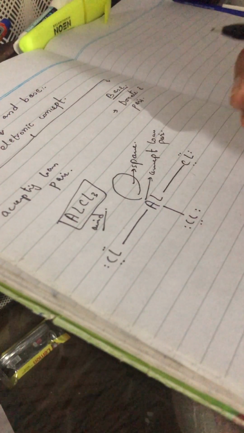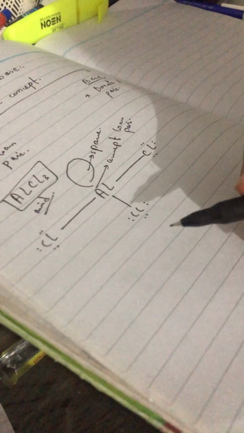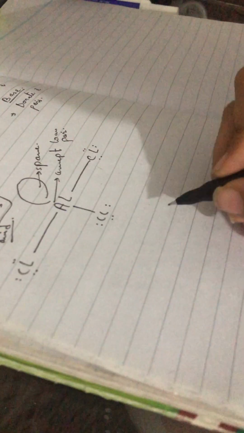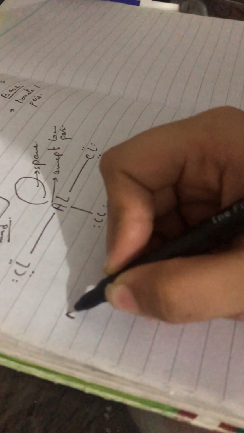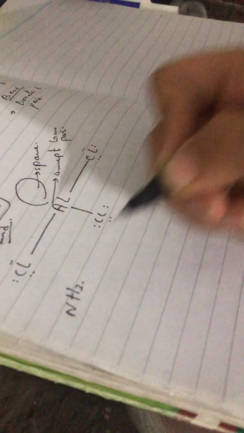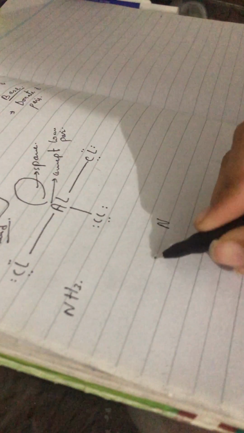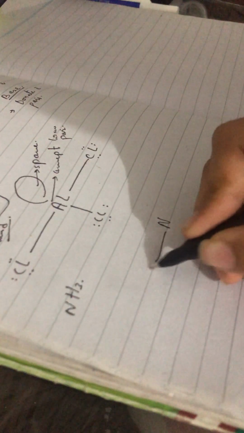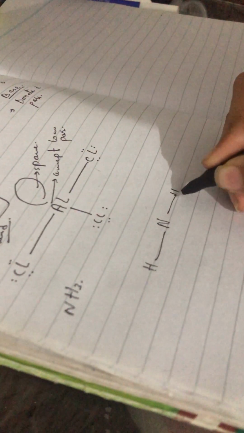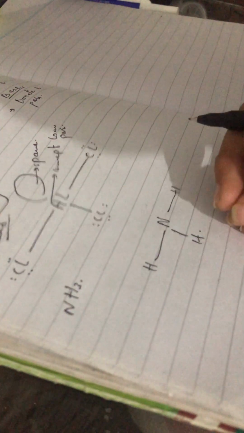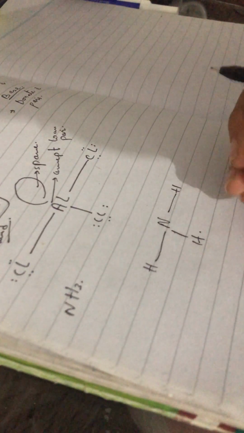And if we talk about NH3, here the electron density is towards the nitrogen. Why?